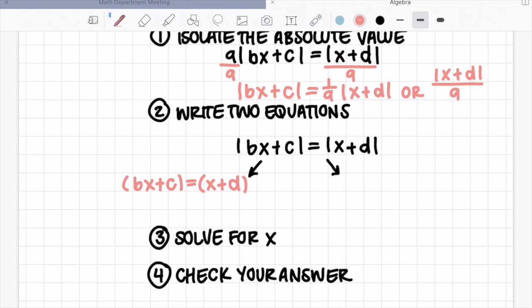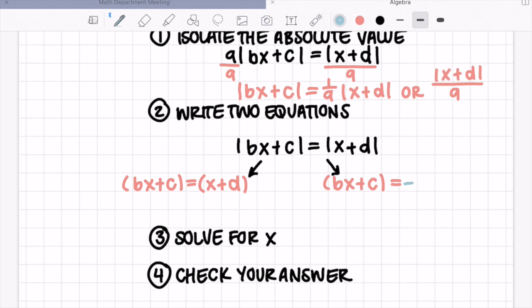Now in my second equation, that one's going to be a little different. So for the second equation, I'm going to do the same for this part at least. And so I'm going to write down parenthesis bx plus c. And that equals 2. And so this is the part where it gets a little different.